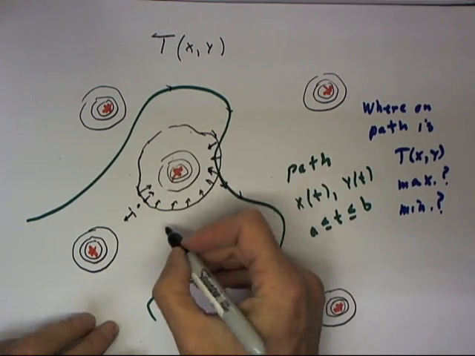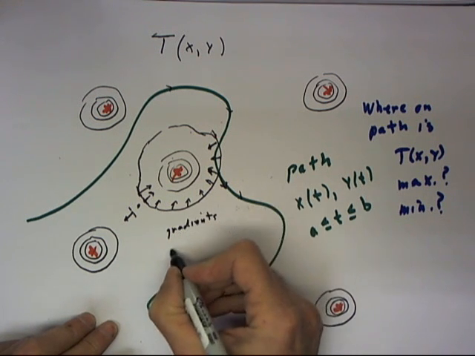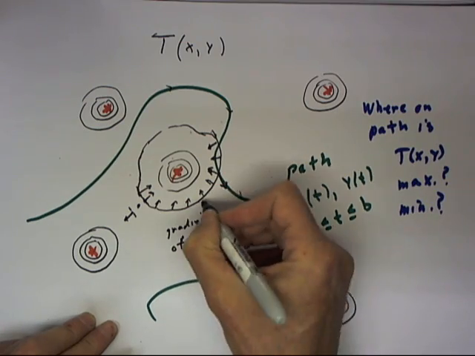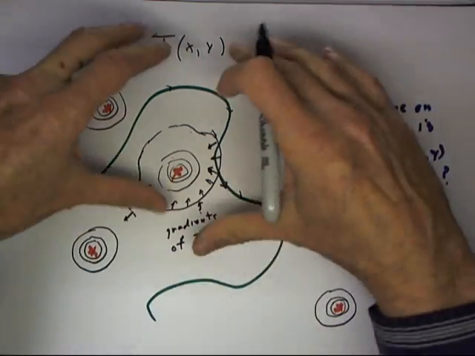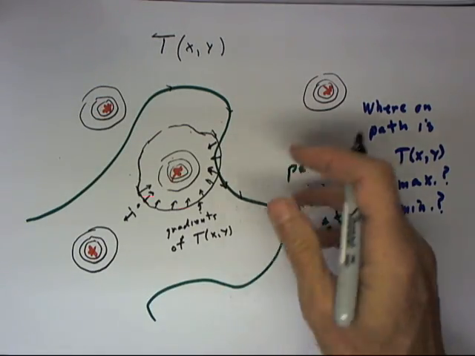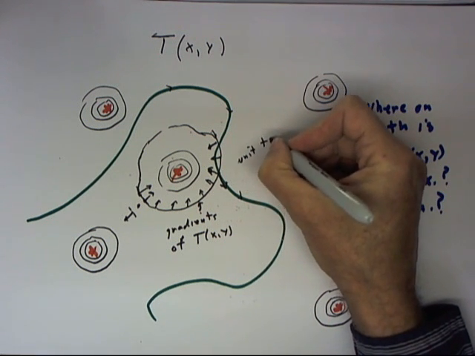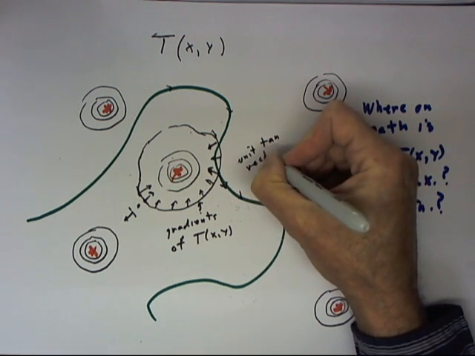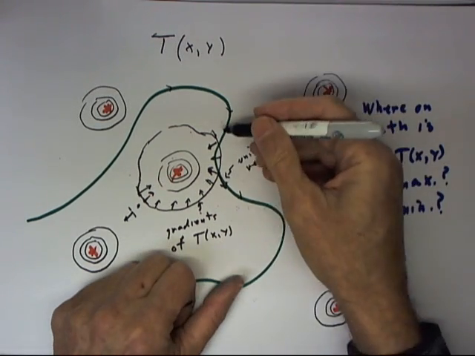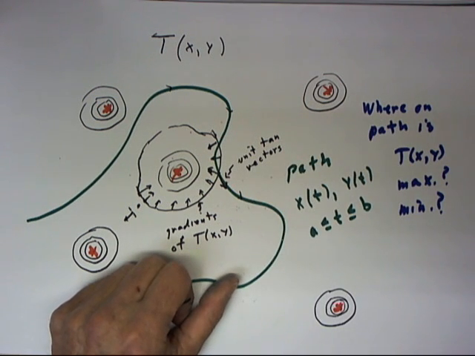So let's say we have gradients of T of x, y permeating the entire area of our plate, and we have unit tangent vectors. At any point of the curve, we have a gradient and we have a unit tangent vector.